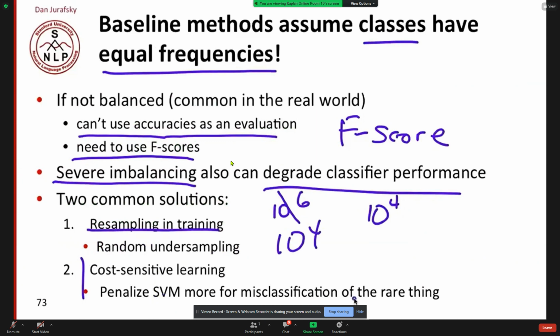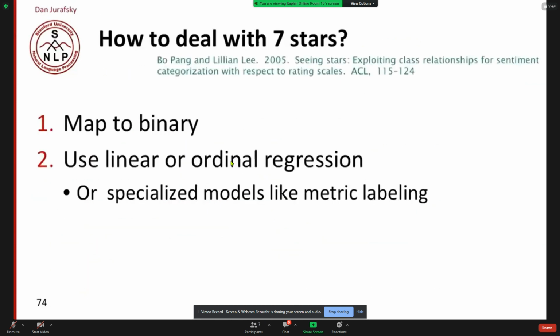In cost-sensitive learning, we actually change the classifier, and we tell the classifier, even though you've seen a lot more of this frequent thing, penalize it for misclassifying the really rare thing. And so that'll force it to focus a little more on the rare things than on the very frequent things. So those are two things you can do to deal with the imbalanced frequency problem that often occurs in real classes.